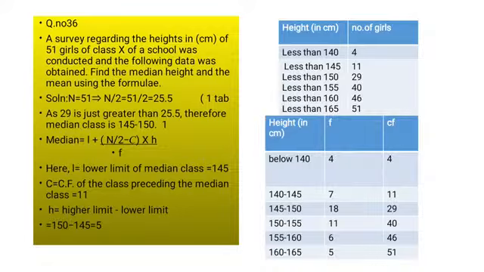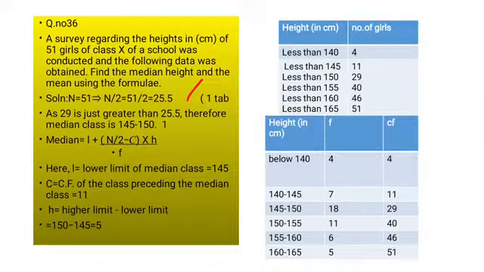Solution: n is equal to 51, that is n by 2 is equal to 51 by 2 equal to 25.5. Make the table, you will get 1 mark.